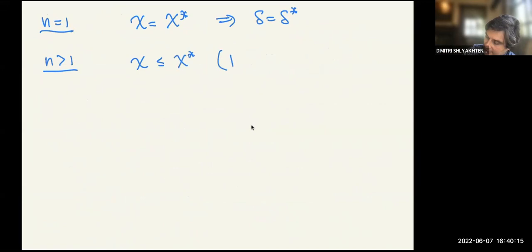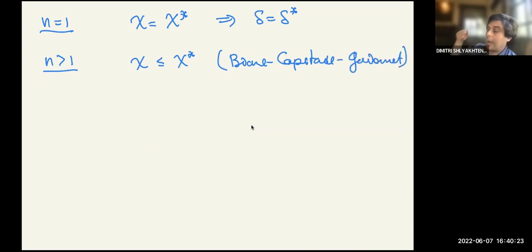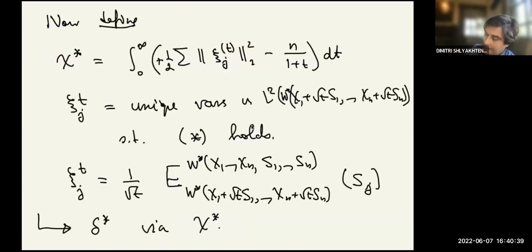This is a very deep result of Biane, Capitaine, and Guionnet. If you'd like to understand why this inequality holds, I can give you a 10-second explanation, which will either make sense or not.